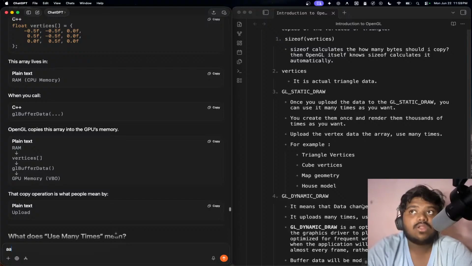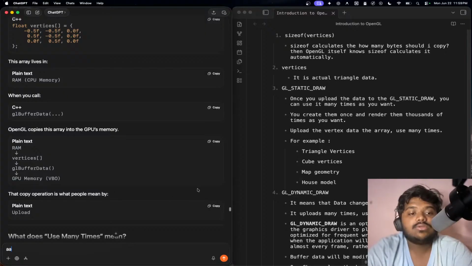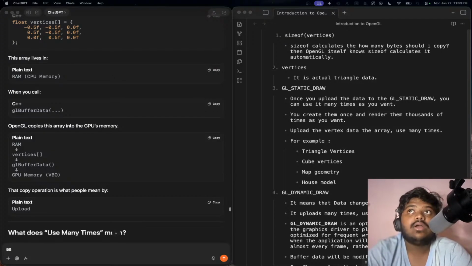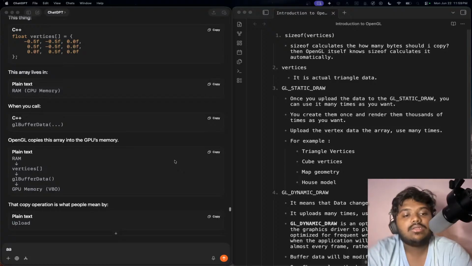So that means we are uploading the array data into the GPU: RAM to vertex buffer and then to the GPU memory.